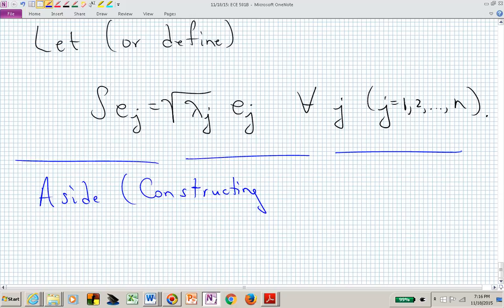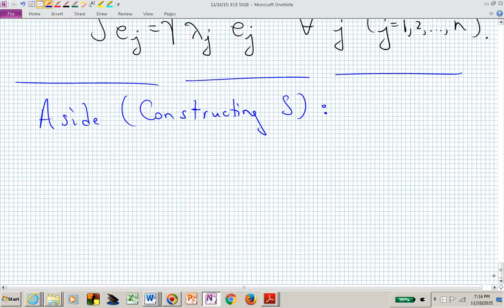So here is an aside on constructing S. Suppose now that we have S that satisfies S e_j equals the square root of lambda_j e_j for all j. Then we can take S and pack all of those e's into a square matrix containing all n orthonormal basis vectors e1 through e sub n.